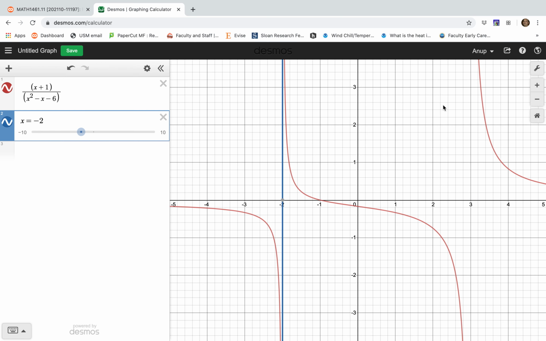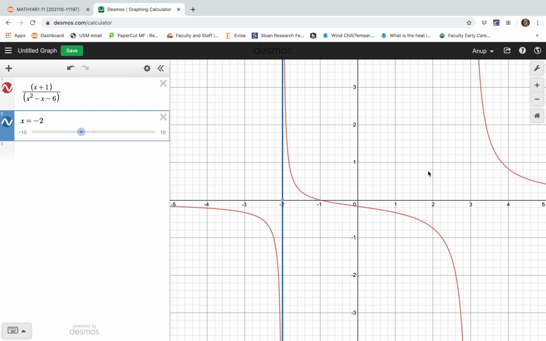At the same time, whenever we go closer and closer to this straight line from the right hand side, the curve is getting larger and larger without any bound. So this is clearly a vertical asymptote.